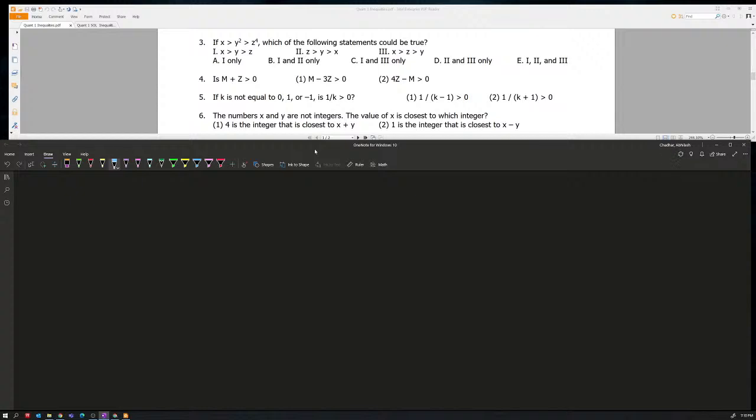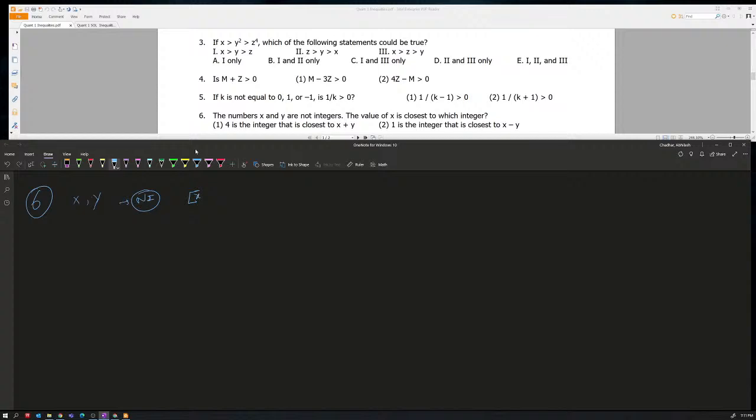So if you see question number 6, it says the numbers x and y are not integers. And the value of x is closest to which integer? So basically closest.